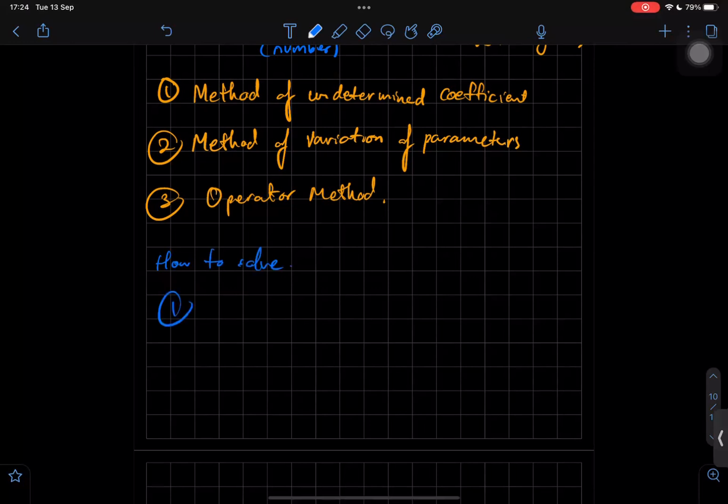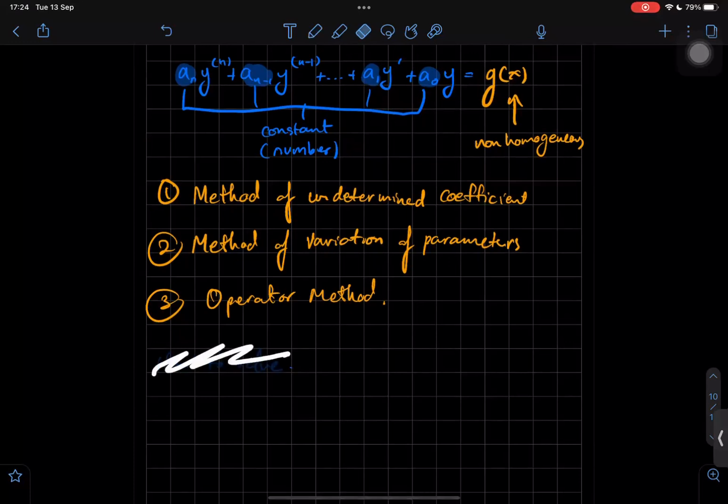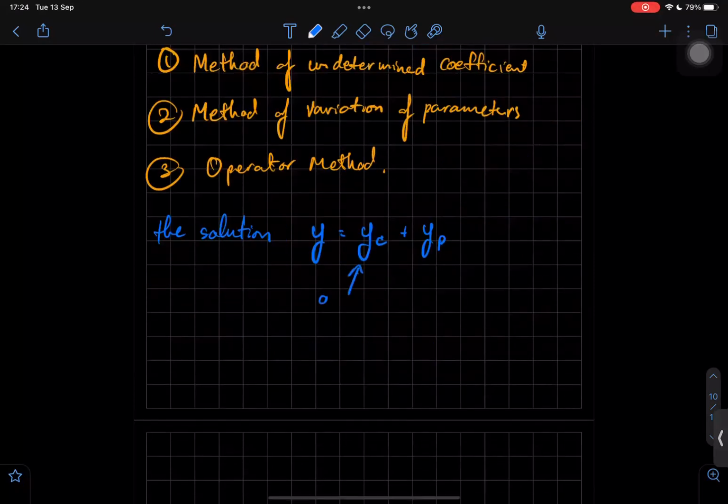First I have to tell you that the solution is in this form: y equal to yc plus yp. This yc we call the general solution, and this one is the particular solution.